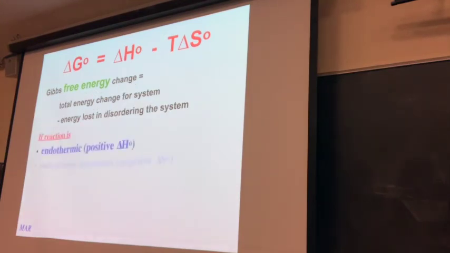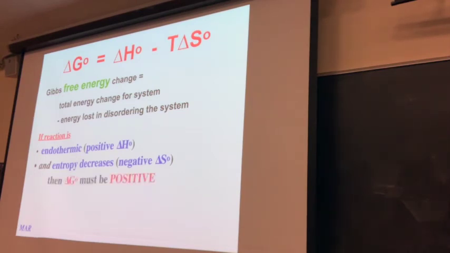On the other hand, if you have an endothermic reaction, where energy has to be applied to the reaction, then delta H here is going to be positive. And if your entropy is decreasing, you're cleaning your room, you're putting all the chemicals back in the bottle that you spilled or whatever, that's going to make delta S here a negative, and that times a negative will make this positive. Both of those parts will be positive.